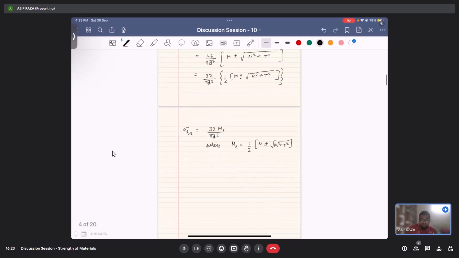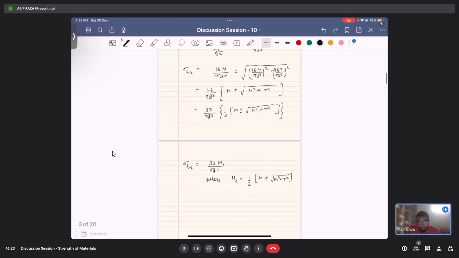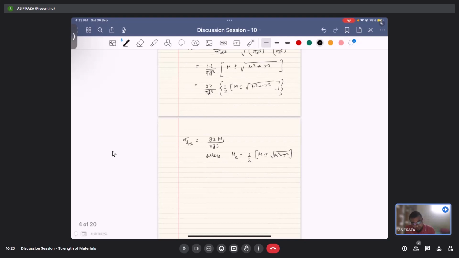So the equivalent bending moment is the maximum principal stress generated due to the combined system. The same effect will be produced if we apply a bending moment equal to this.